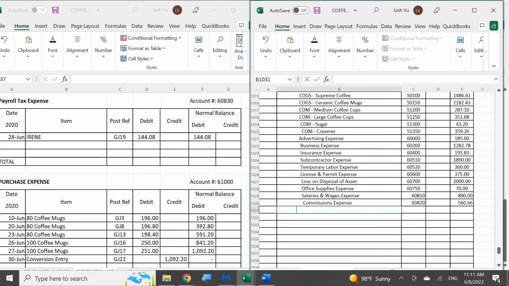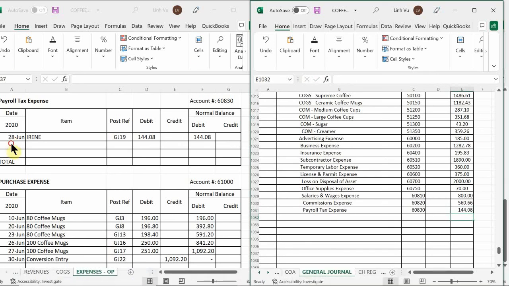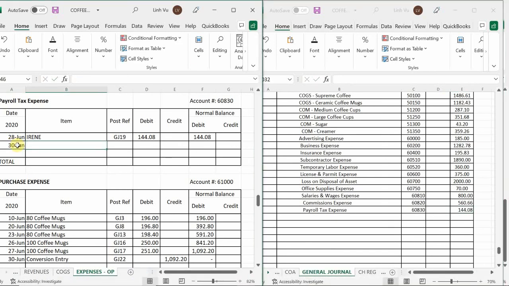Okay, so payroll tax expense for $144.08. Okay, for the $144.08. Let's see what else.